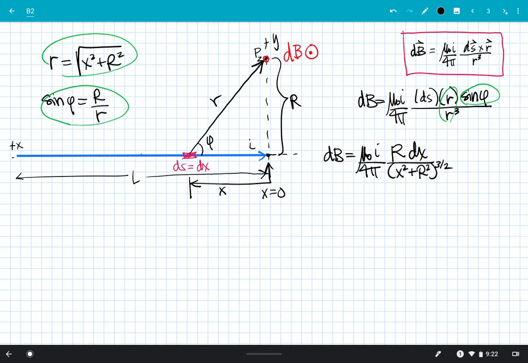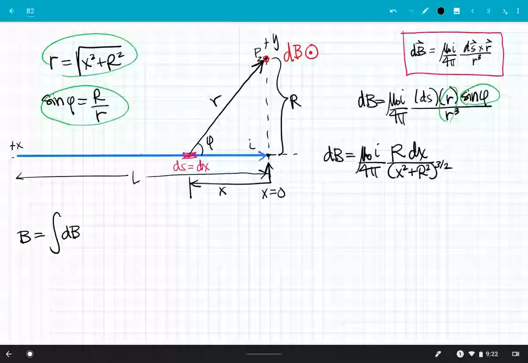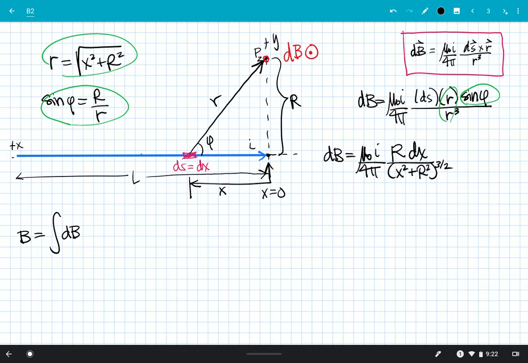Once I've made those substitutions, I have my expression for dB, and then I need to integrate that. If I'm going to find my B, I have to add up all the little dBs due to every little segment of this wire. This is fairly straightforward as far as contributions from each segment. The dBs are all going to be in the same direction. They're going to differ in magnitude, of course, because r has a different magnitude as I move around on the wire.